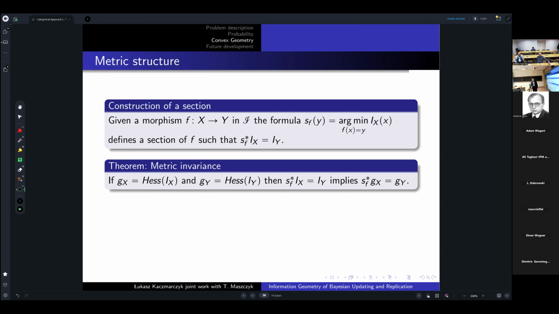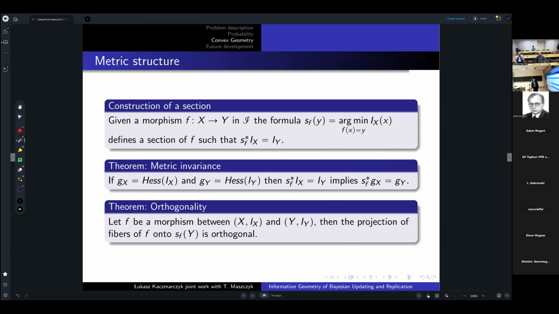And moreover, these sections behave unbelievably well, because if we take these information potentials on the domain and codomain, if this section preserves the potential which the one constructed from the James principle does, then it also preserves the Riemannian metrics coming from the Hessian of the information potential. So it preserves the Fisher-Rao information metric.